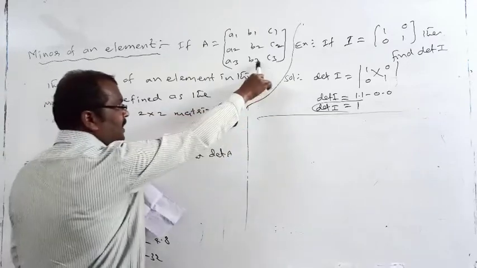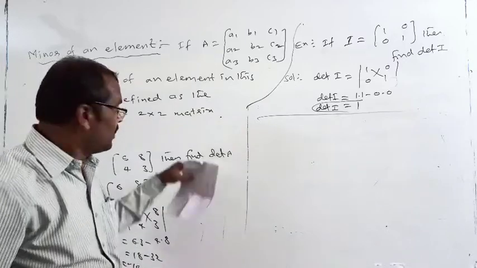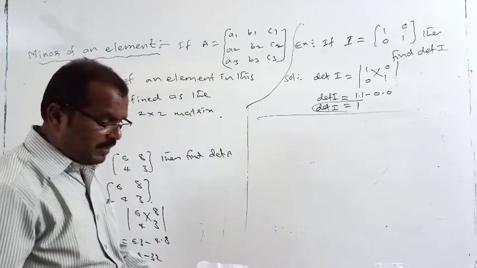So observe, the given matrix is of order 3 by 3, but we are discussing a 2 cross 2 matrix. So how will it be obtained?